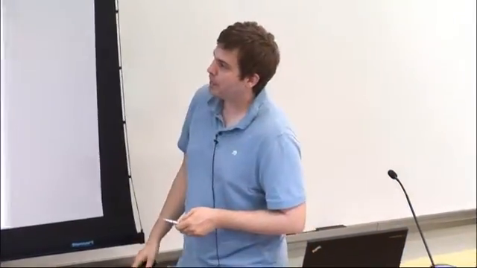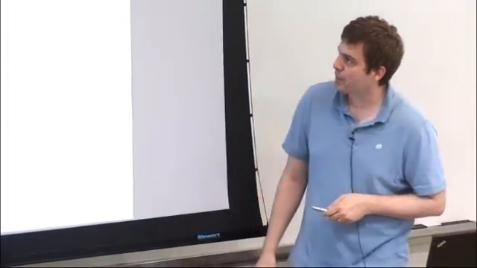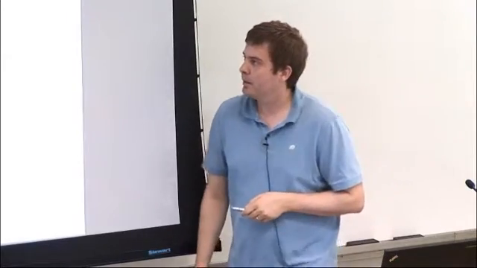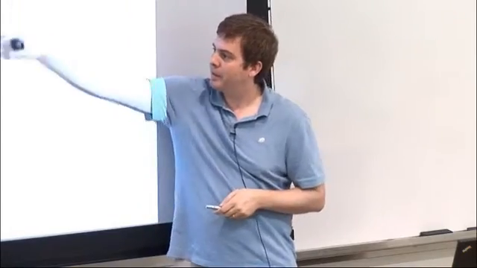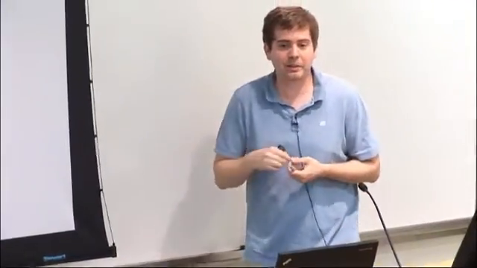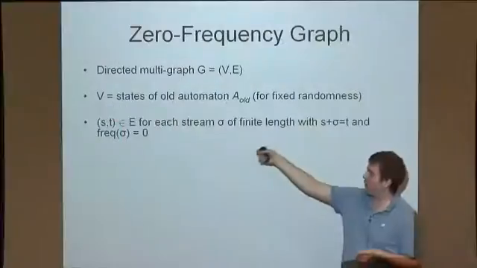We're going to draw an arc from state S to state T if there's a stream sigma for which, if I start at S and I add sigma and I get to T, sigma has 0 frequency. It's a multigraph. I fix some a priori length bound on the streams. It's going to be a super large length bound, but finite. For each stream in that length bound which has 0 frequency, I'm going to draw an arc from S to T if it connects S to T.